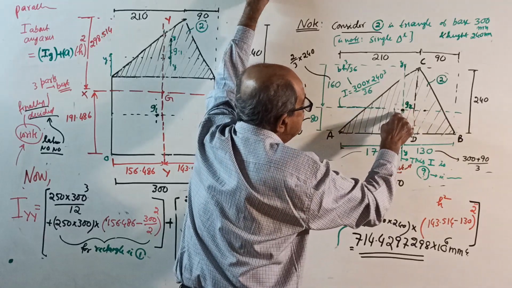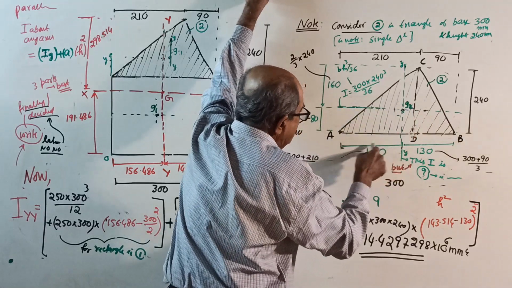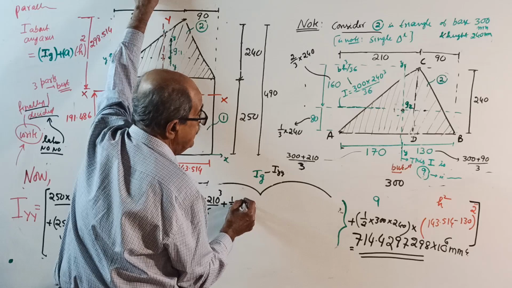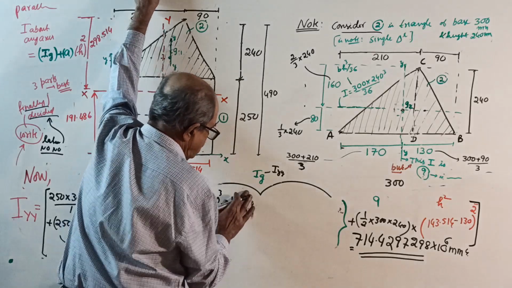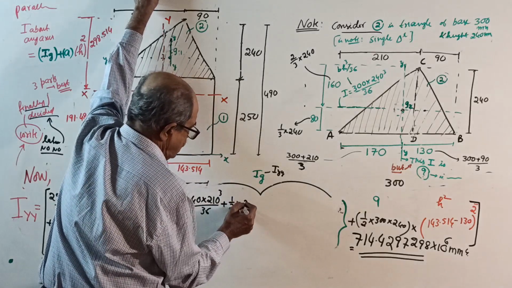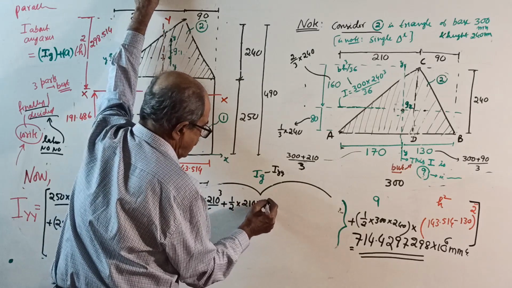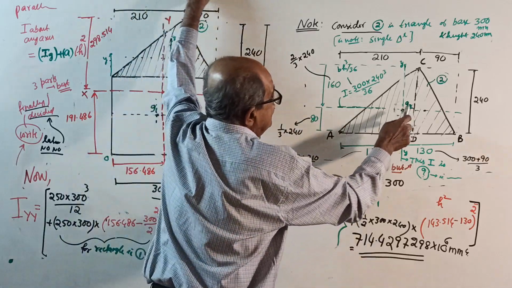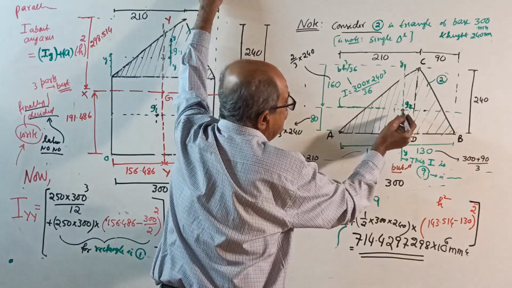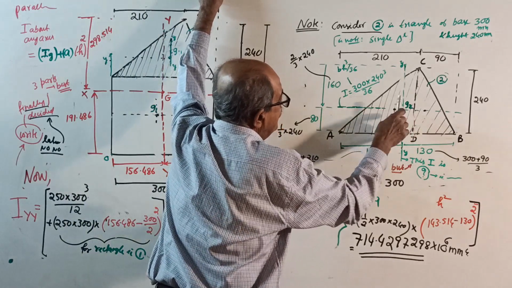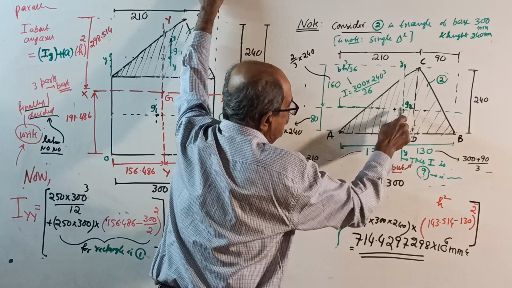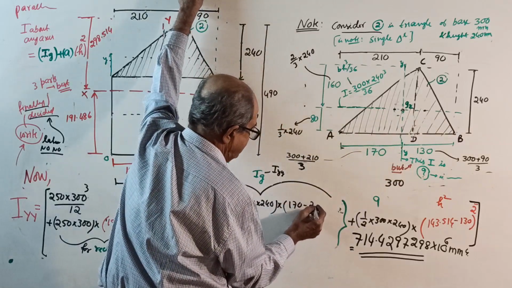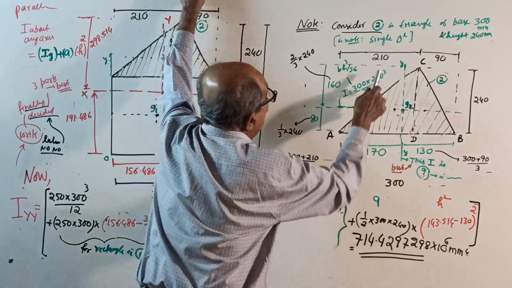This square is 170, and the area is half into 210 into 240. Into, from this centroid, where I told about this axis, from the centroid here this distance square is 170 minus 2 by 3 of 210.